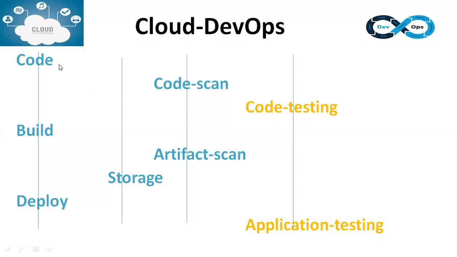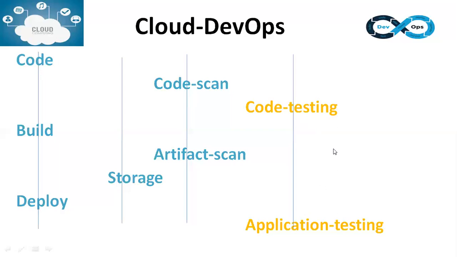After you generate the code, you will go for code scan, and you do code testing. Once these two are good, we'll go for artifact scan. If that is done, we'll go for storage, and if that is done, we deploy the application, and after that we'll go for application testing.